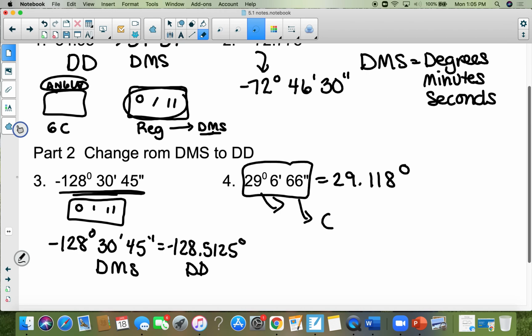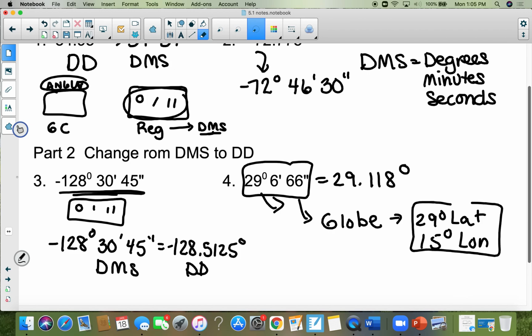Where do you find this in the real world? You find this on a globe. Latitude and longitude is in degrees, minutes, seconds. If you would have just said on the globe, there's a boat in the middle of the Pacific Ocean and it's 29 degrees latitude and 15 degrees longitude, you might never find that boat out on the ocean.